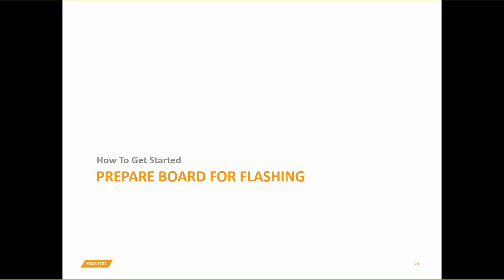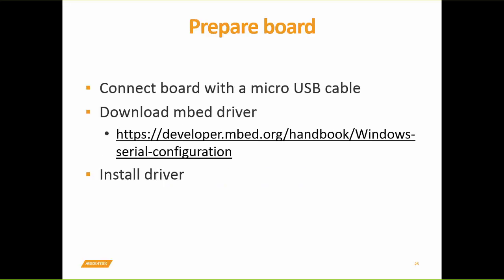Right. So once we have a project ready, once we have all the files, we need to flash the board. We need a board to flash it. So we connect our 7687 board with the micro USB cable to our computer. And you will need to install the drivers. You will find the drivers on the given URL there.